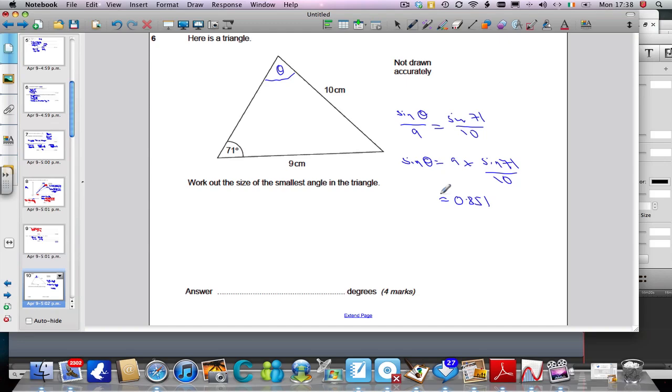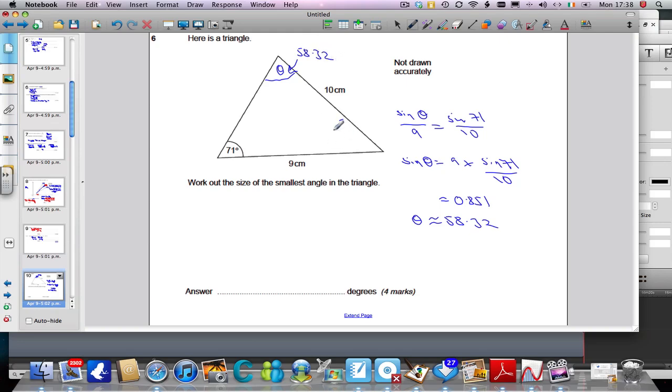Take the inverse sine to get the angle. So that means theta is roughly around 58.32. So theta is 58.32.